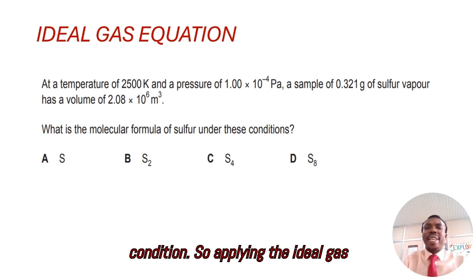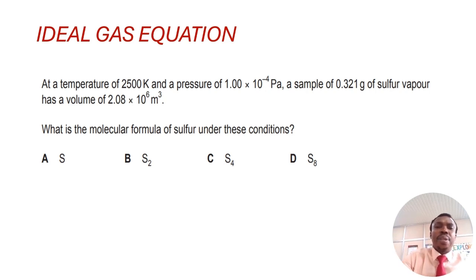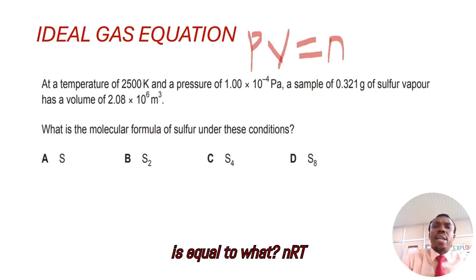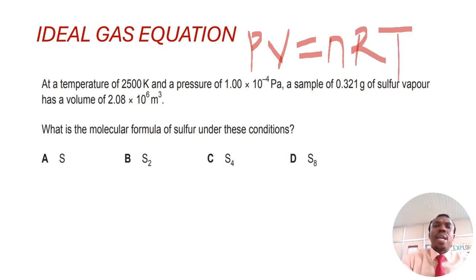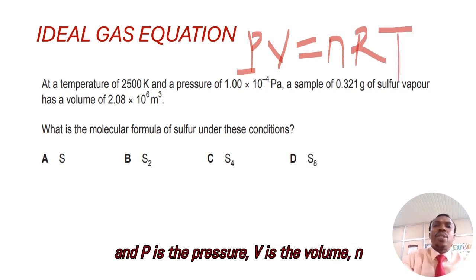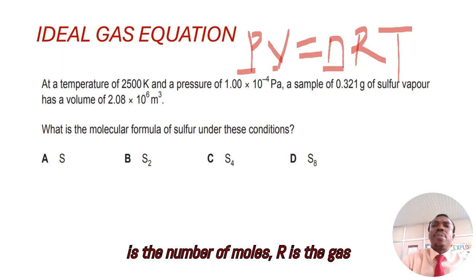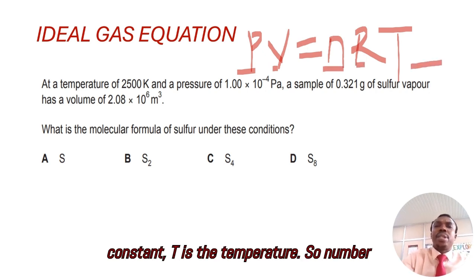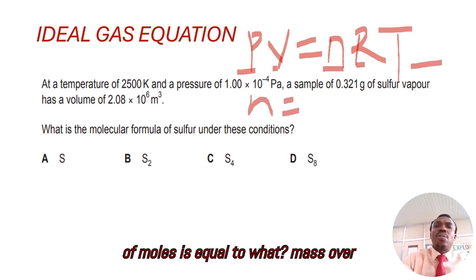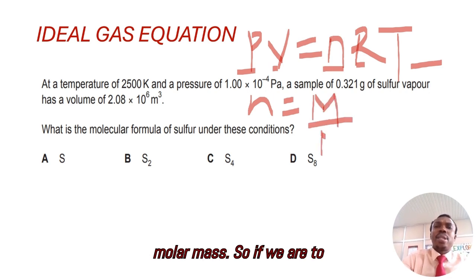So applying the ideal gas equation, we have PV equal to nRT, where P is the pressure, V is the volume, n is the number of moles, R is the gas constant, T is the temperature. The number of moles is equal to mass over molar mass.